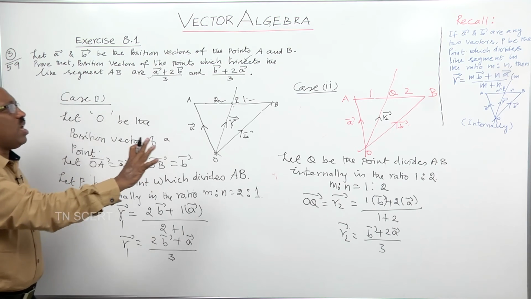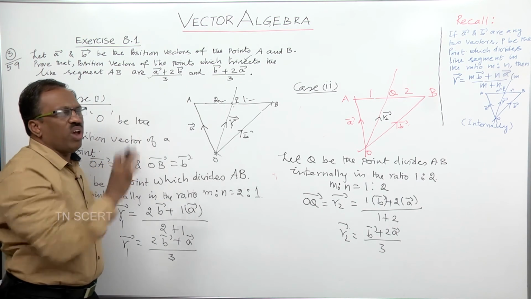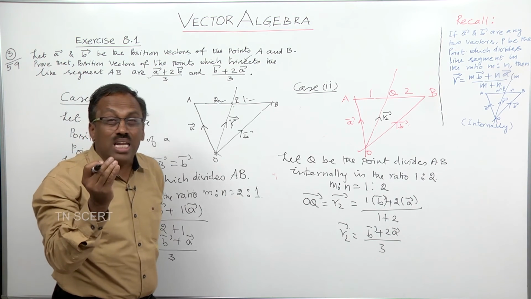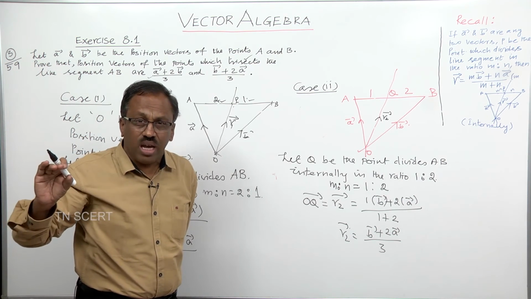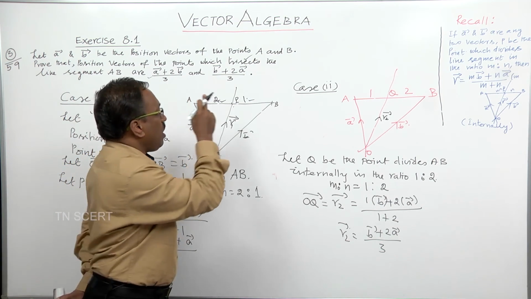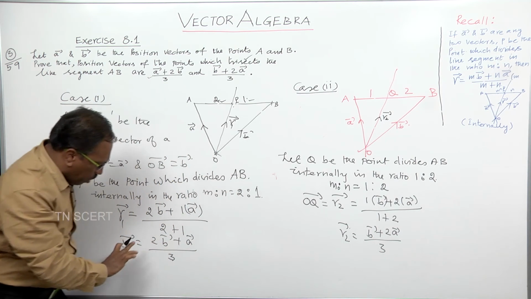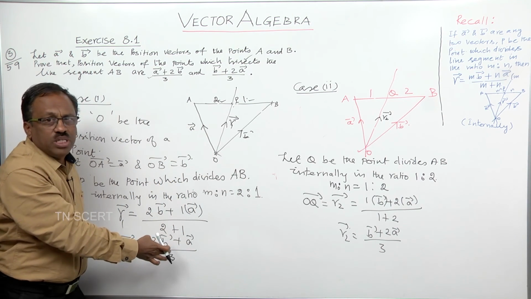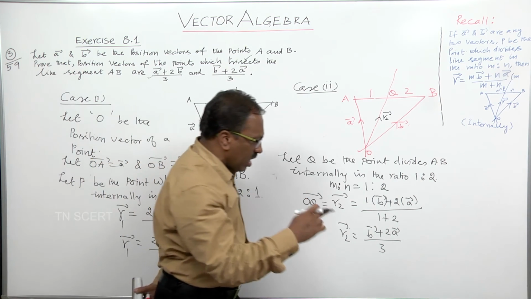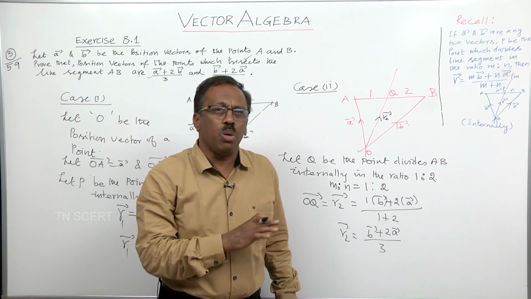So in both cases these two results are proved. That is, in what way does it trisect? The line segment is trisected, divided into 3 parts by P as well as Q. So we have found 2 important results, (2b vector plus a vector) by 3 and another result (b vector plus 2a vector) by 3. With this, the problem is solved.